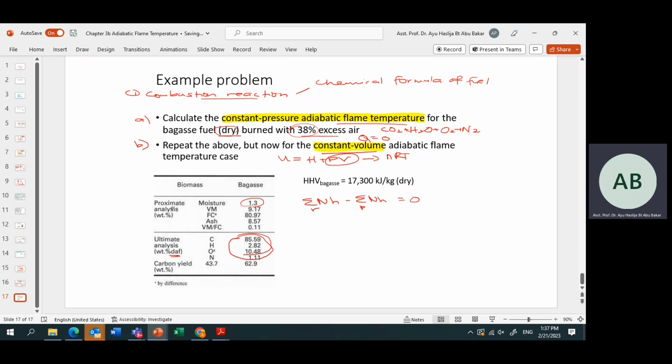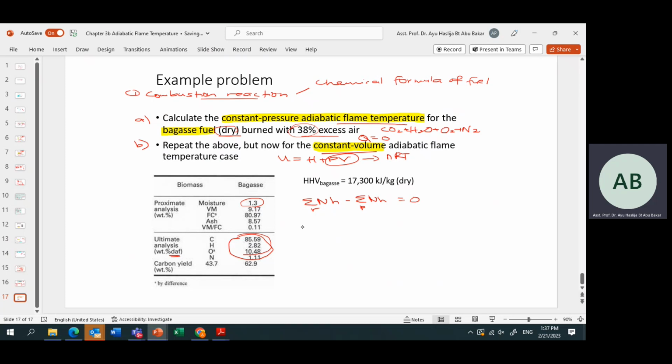Note that this fuel is solid fuel, not a gas fuel. So you are given this info where you have the ultimate analysis and proximate analysis. Now the ultimate analysis over here is in VAF.